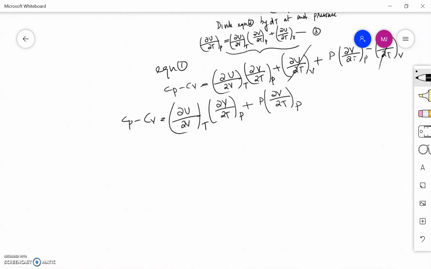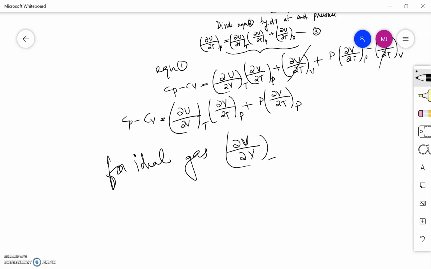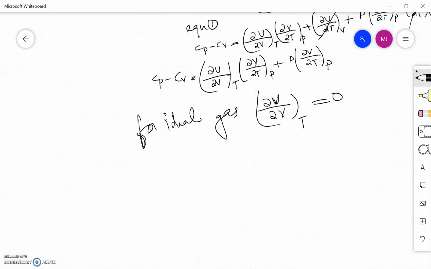But we know that for an ideal gas, ∂U/∂V at constant temperature will be equal to 0. That is, the change in internal energy with respect to volume at constant temperature would be 0.